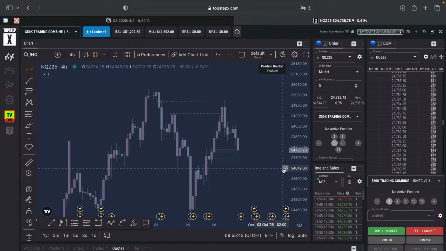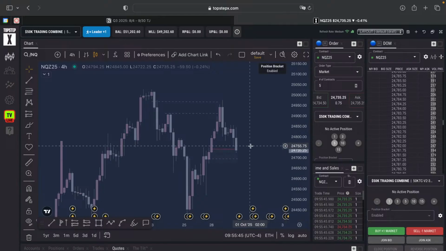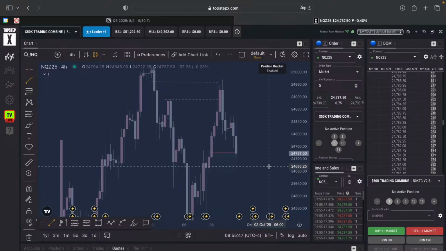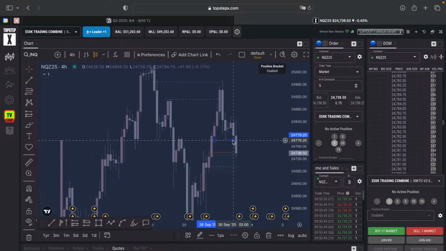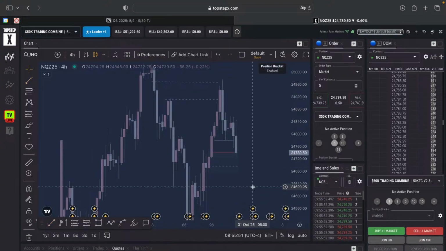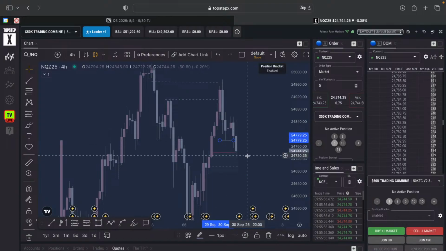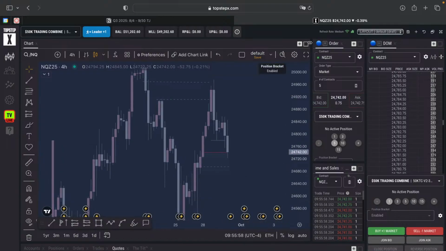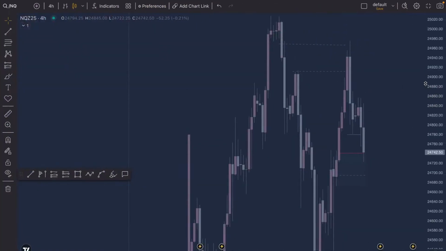However, based on what the 4 hour is telling me, that might have to be the play. But nonetheless, we took out liquidity here. We took out liquidity here, right? And now we're trying to see if we can actually buy up from here.